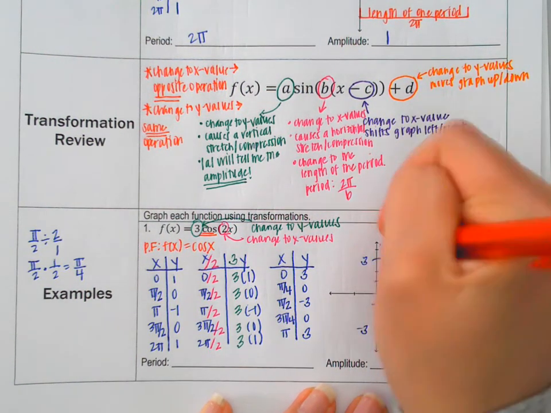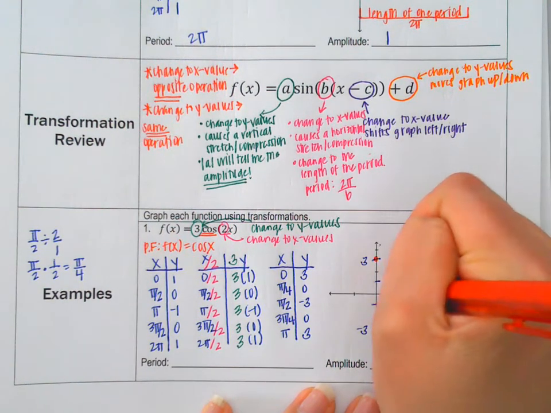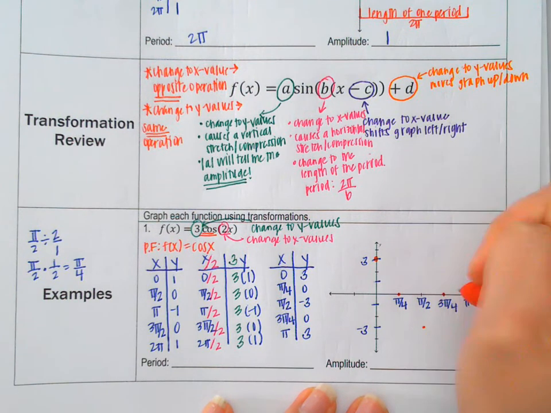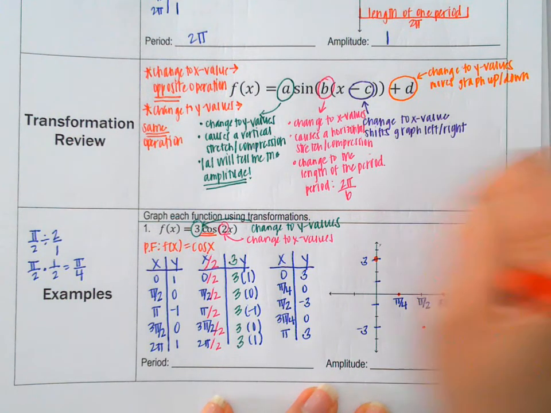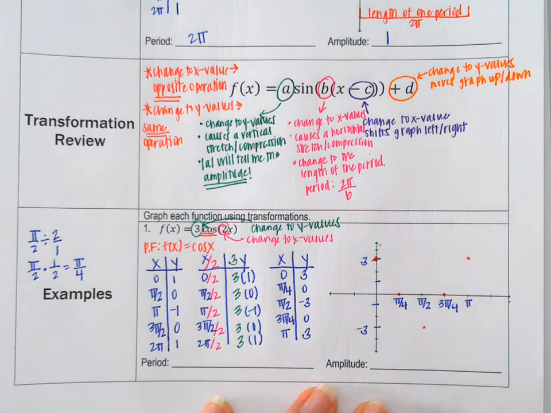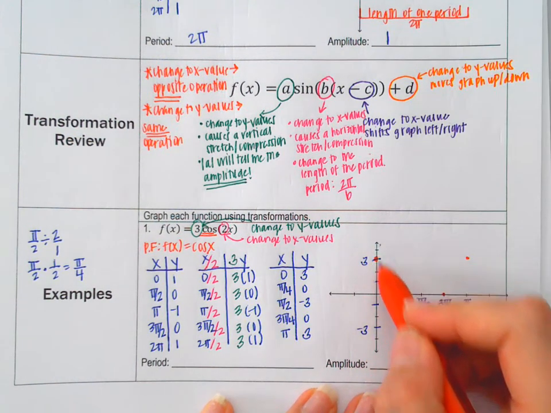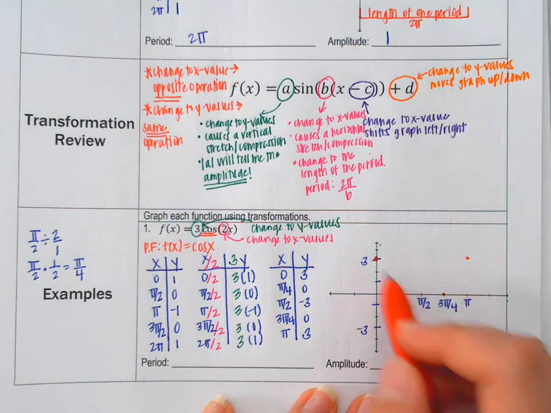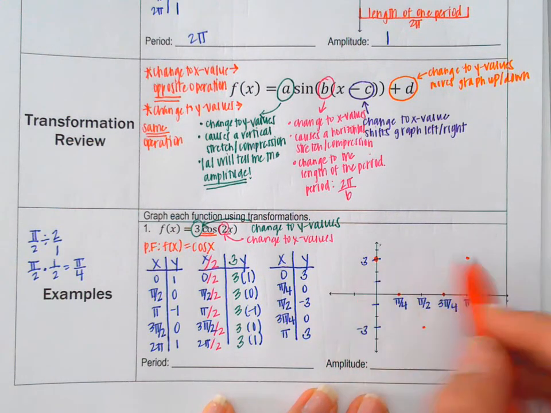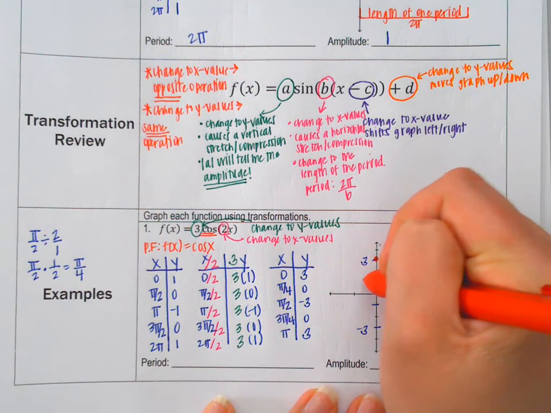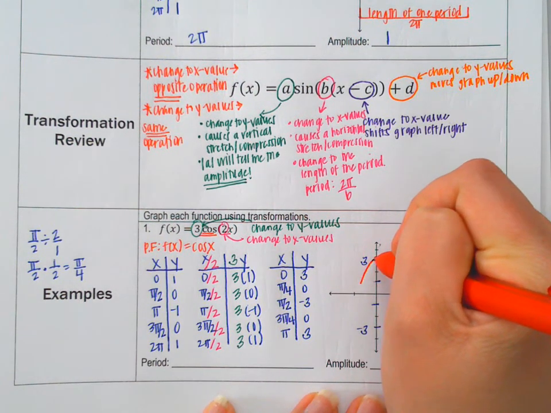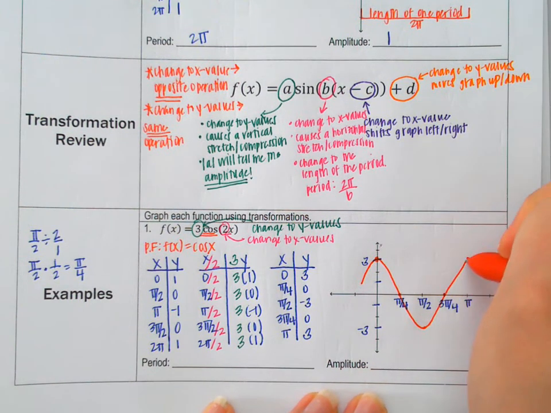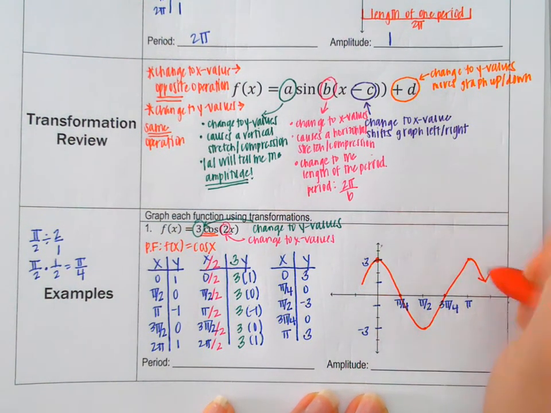So 0 is at 3, pi over 4 is at 0, pi over 2 is at -3, 3 pi over 4 is at 0, and then pi is at 3. Now, I don't want you to draw this as a parabola, going like that, because we know it follows the same pattern. It's going to come back down after these. So you should be drawing it exactly like that, with the pattern showing that it's not going to go up after that.